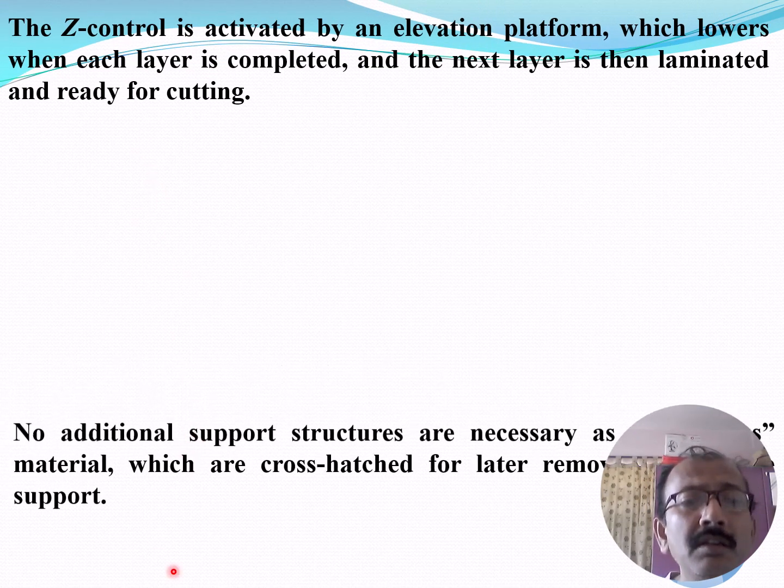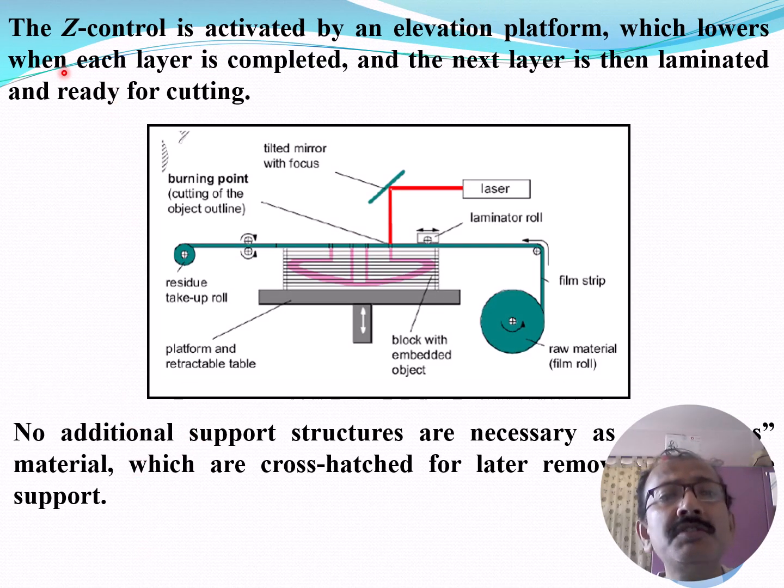So the final product will look like a wooden block. Now the Z control is activated by the elevation platform, which is lowered when each layer is completed. So this is the Z control, which can be lowered gradually from top to bottom, and the next layer is then laminated and ready for cutting.